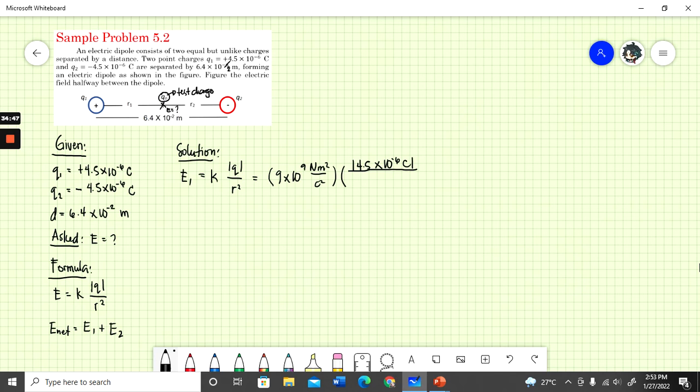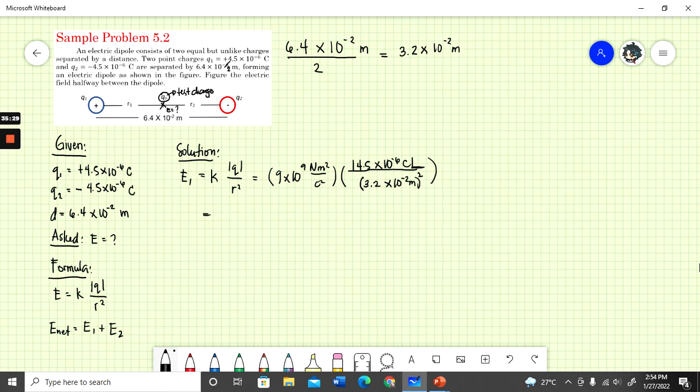But our distance is halfway. This distance right here is the distance between Q1 and Q2, but we're looking for the electric field at this distance. So we're going to get the value halfway. Sorry about the rain sound. We're just going to divide this by 2, and this is actually equal to 3.2 times 10 raised to negative 2 meters. So this would be 3.2 times 10 raised to negative 2 meters squared.